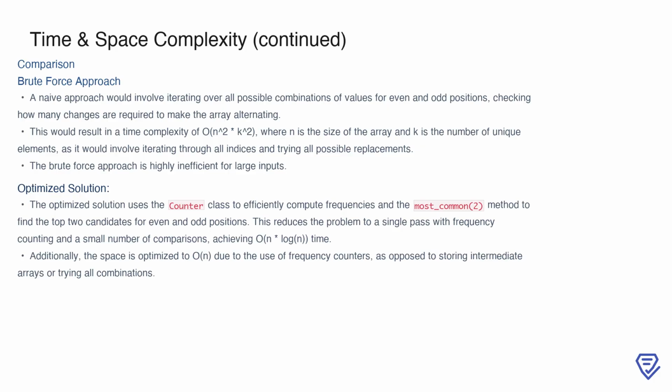In contrast, the optimized solution leverages the Counter class for efficient frequency computation and uses the most_common(2) method to quickly identify the top candidates for even and odd positions. By focusing on frequency analysis and minimizing unnecessary iterations, the optimized solution achieves a significantly better time complexity of O(n log n) and a space complexity of O(n), making it far more efficient and scalable.